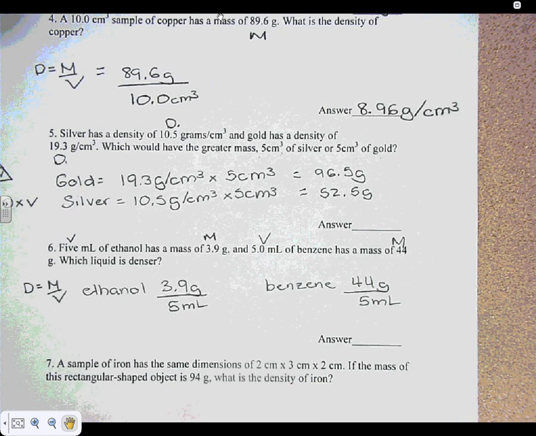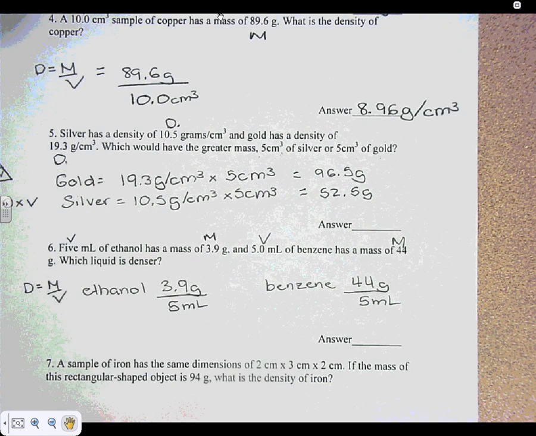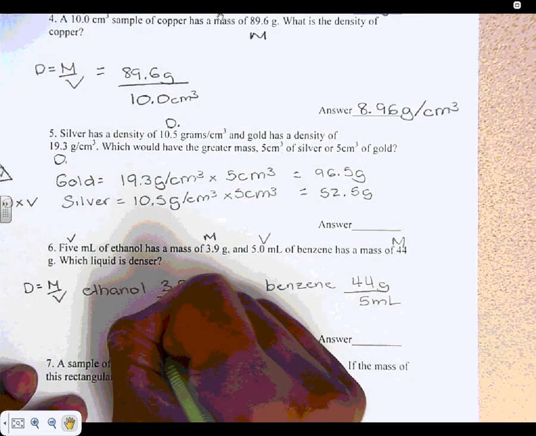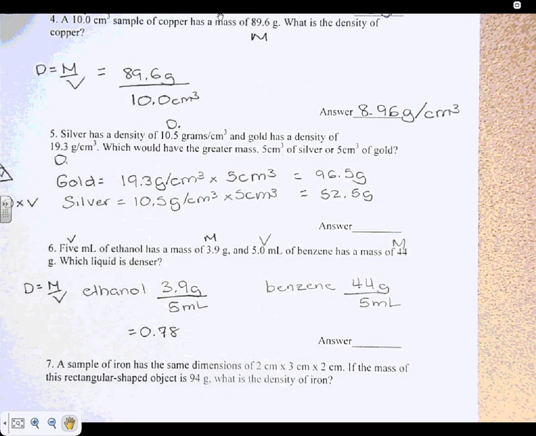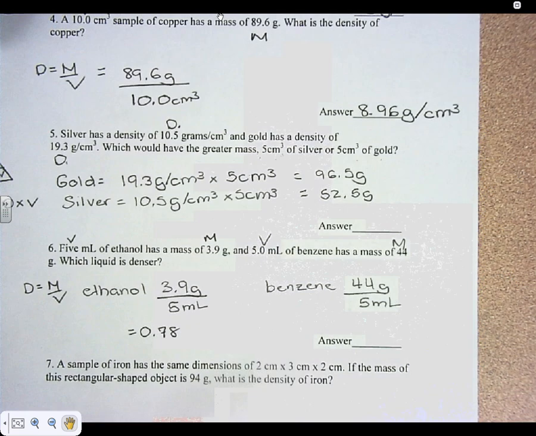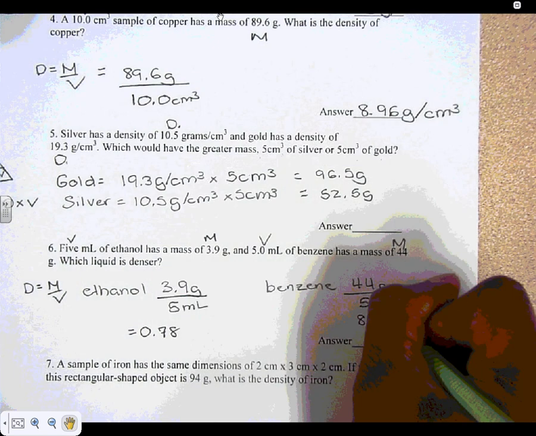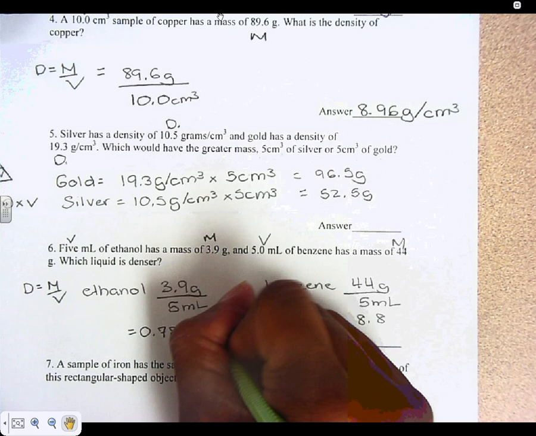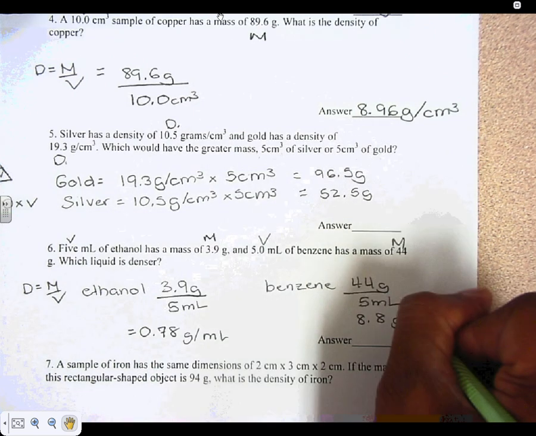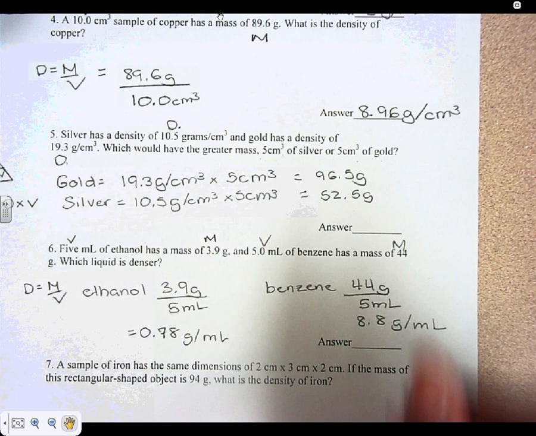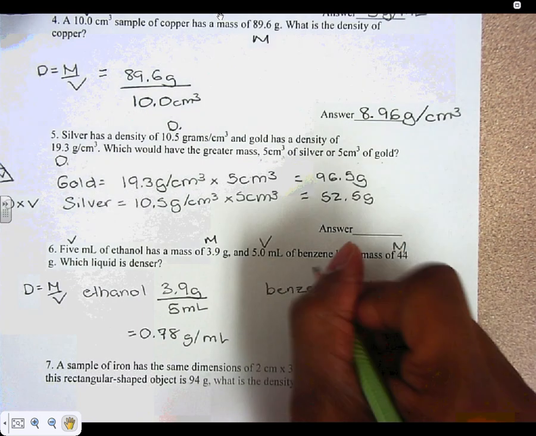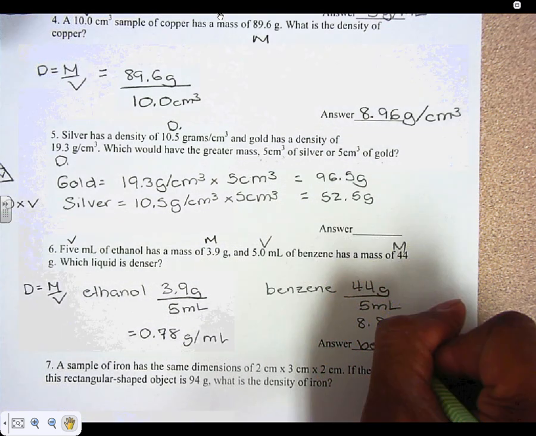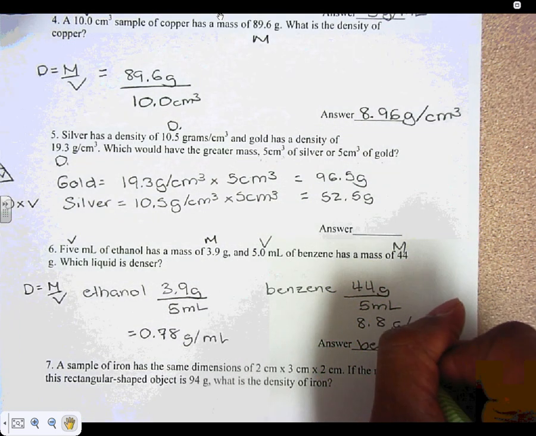But let's go ahead and solve it nonetheless. 3.9 divided by 5 yields 0.78. And 44 divided by 5 yields 8.8. This is grams per milliliter. This is grams per milliliter. If I was comparing these, I would say that benzene has the greater density and therefore would be more dense.